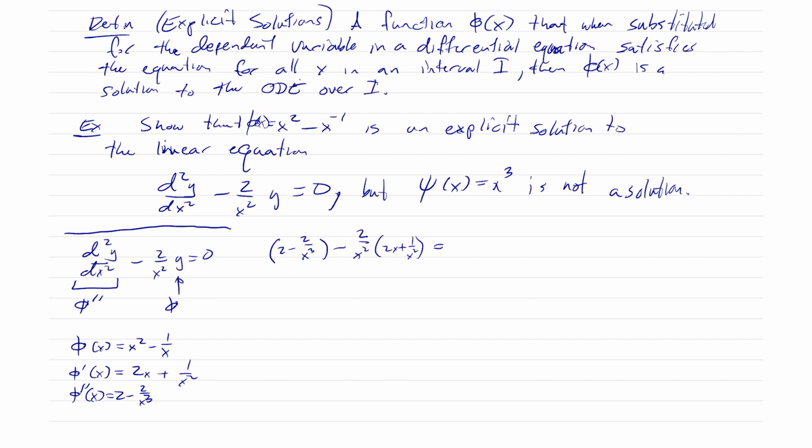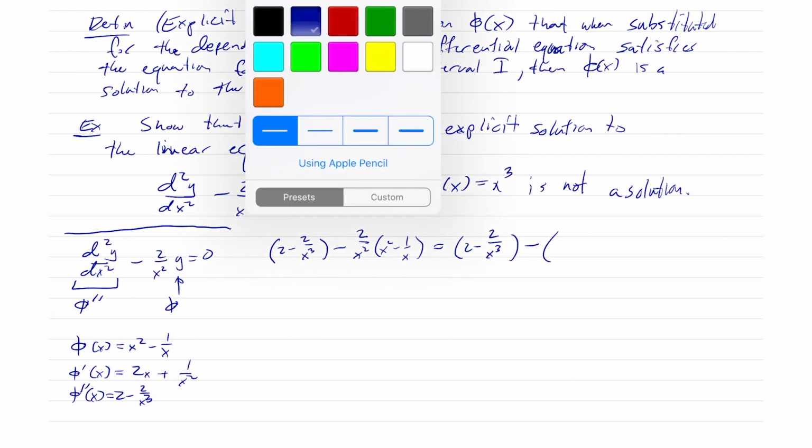All right, so this first term, I'm just leaving it alone for now, so 2 minus 2 over x cubed. And I'm subtracting whatever I get when I multiply by 2 over x squared. Oh, sorry, I copied the wrong thing in there, didn't I? This wasn't phi, that was phi prime. This should be x squared minus 1 over x, my mistake.